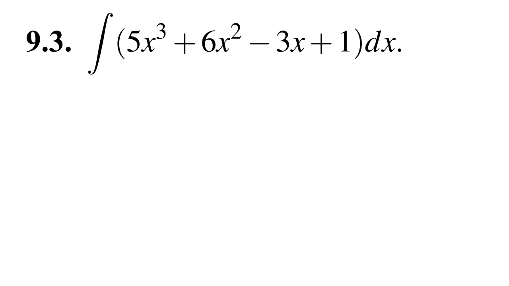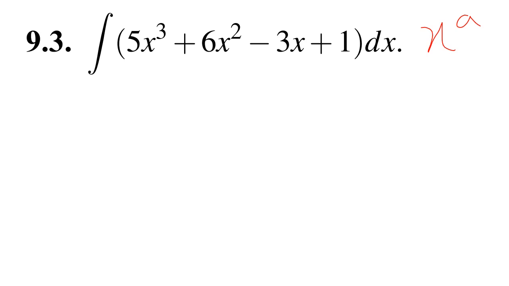Alright, so for 9.3, you see that it becomes very interesting. We can say that we have a sum and a difference of our normal form, which was x to the power a. So here, what you have to note is that the integral is distributive over addition and subtraction.